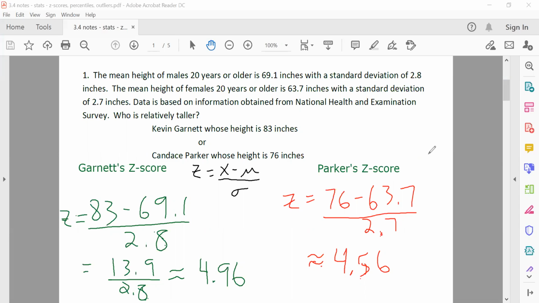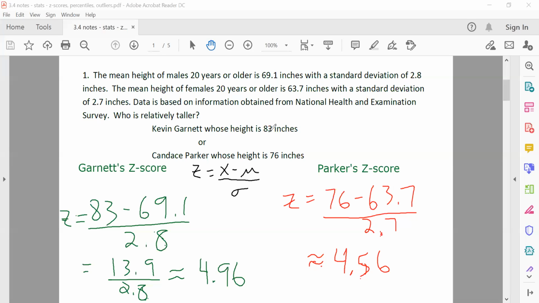So the overall takeaway here is that Kevin Garnett is not only taller, like he's literally taller. If you put Kevin Garnett next to Candace Parker, Kevin would be taller by what, 7 inches? He's also relatively taller for a man than Candace Parker is for a woman, because even his z-score exceeds Candace Parker's.